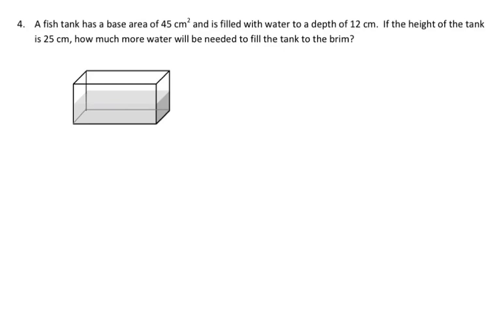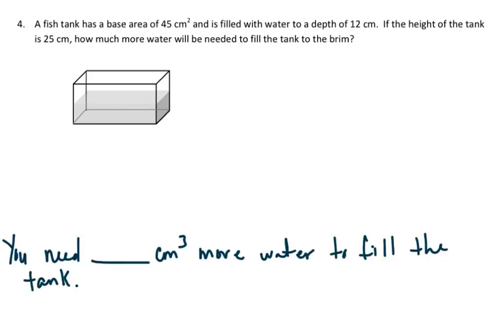So let's start with our target sentence. That reads, you need blank cubic centimeters more water to fill the tank. I don't know if it's clear, but this is where the water level is right now. When I outline that, you can see two separate prisms.